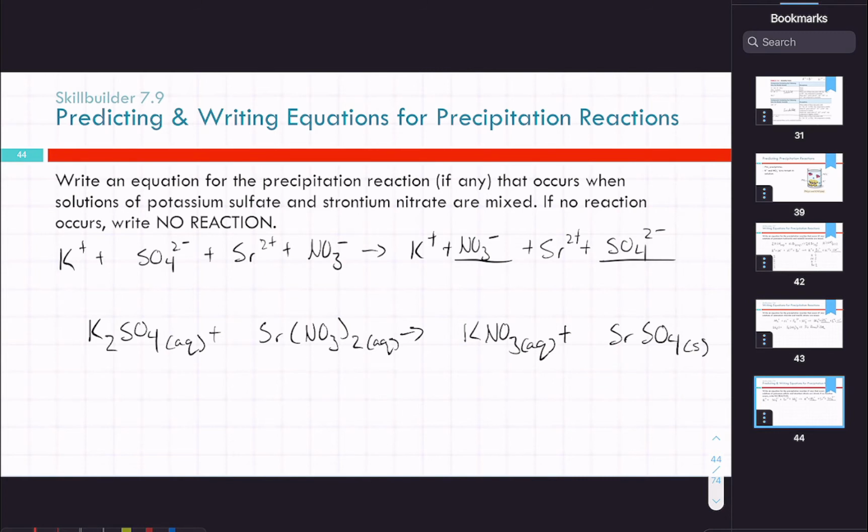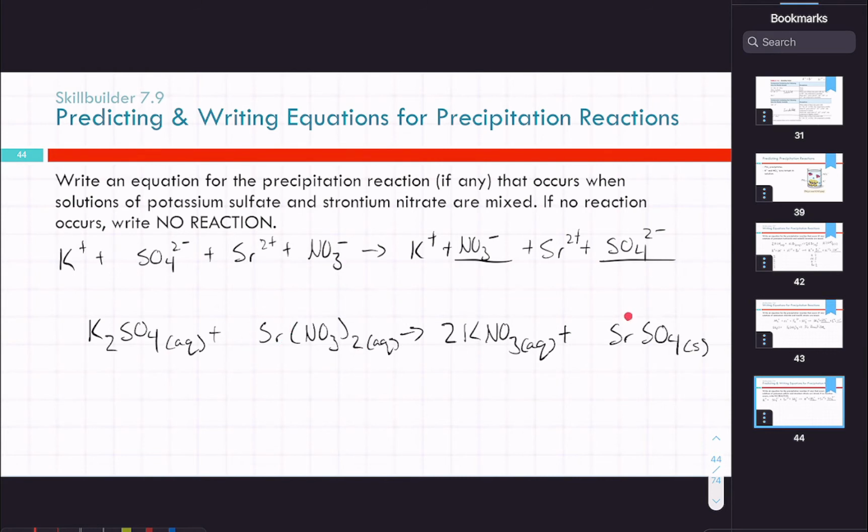Now we can start balancing. Does anybody want to pick where we start balancing? Potassium. All right, just go with the left anyway. We have 2 potassiums, and we have 1 potassium on the product side, so we make that a 2. Now we have 2 potassium, so we balance that. We have 2 nitrates on our products and 2 nitrates in our reactants, so that's balanced.